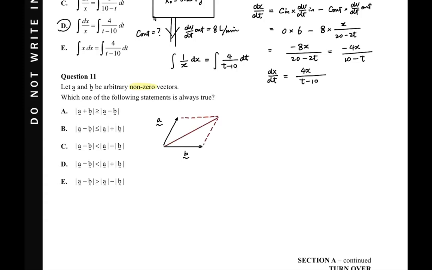If you add two vectors up, A and B, the main diagonal of this parallelogram will be your resultant vector A plus B. I'm pretty sure the sum of this length and that length will be greater than this bit. Extreme case, if A and B are in the same direction, let's say they look like that.